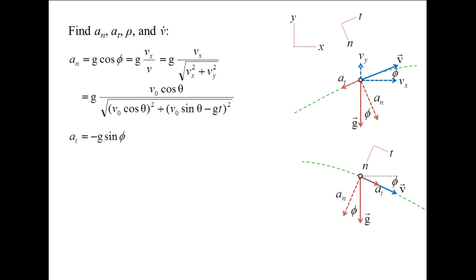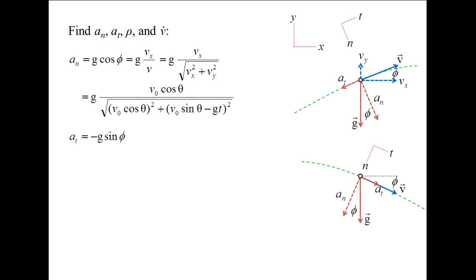The tangential component of the acceleration vector is negative g times sine phi. The negative sign appears because the tangential acceleration component is pointed in the negative t direction as the ball travels upward. When the ball travels downward, sine phi will be negative, which makes the tangential acceleration component positive.